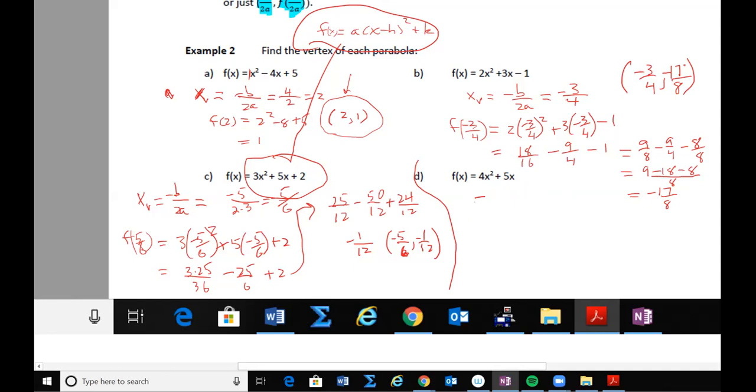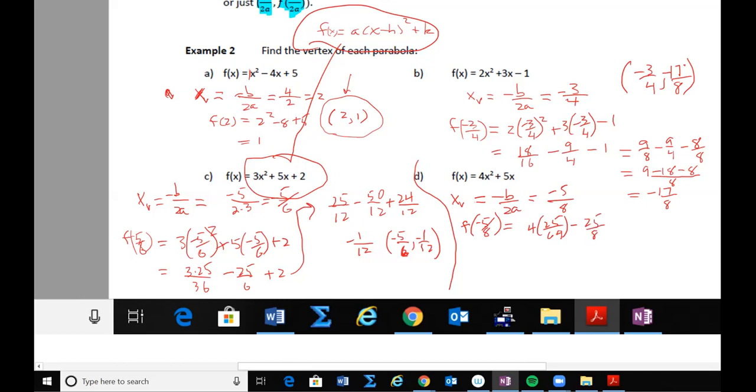Okay, so we just wanted to do our vertex. Minus b over 2a. Okay, so minus 5 over 2 times 4 is 8. So there's the x coordinate for the vertex, and then you want the y coordinate. You just calculate f of negative 5/8. So you have 4 times 25 over 64, and then minus 25 over 8.